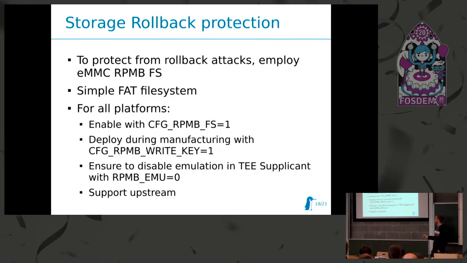You also have to ensure that you disable the emulation in the user space program, which facilitates the communication from the kernel side to user space, because otherwise this provides an emulation layer to test this in a development environment. But for production devices, obviously, you want to disable this.